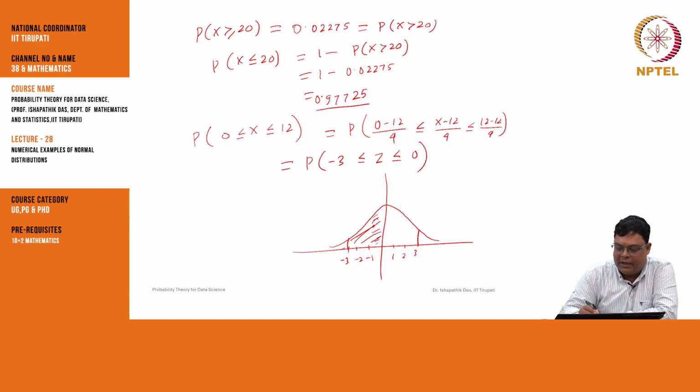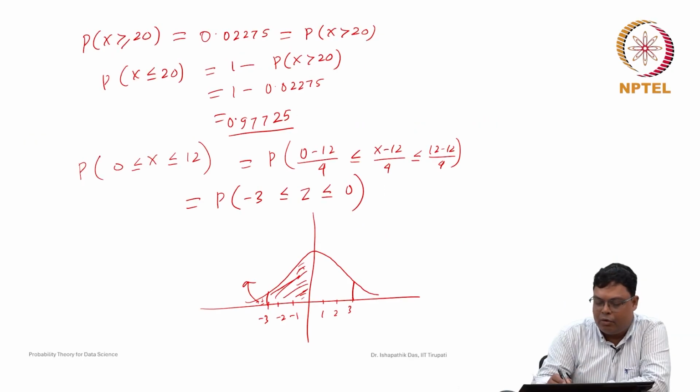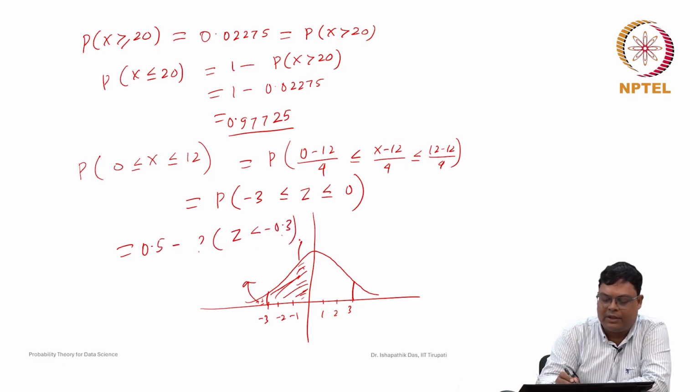Now we can find this probability from the table. Because the total probability on this side is half, this is nothing but half, that is 0.5, minus the probability that z is less than or equal to minus 3.